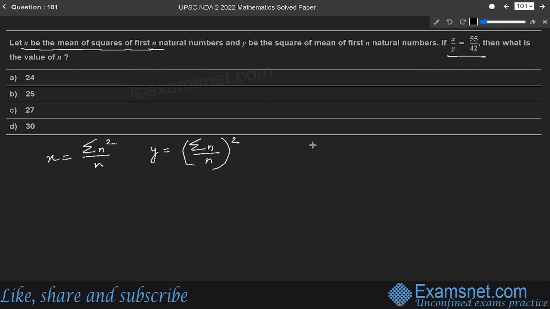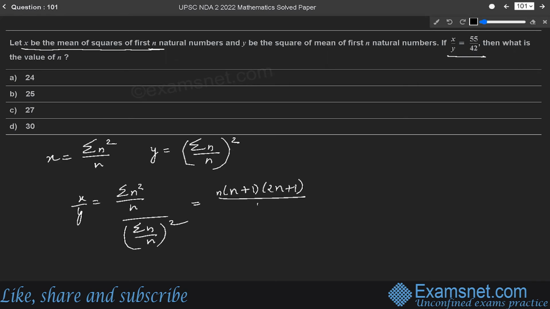X by y means summation of n square upon n by summation of n upon n whole square. On further solving, it will be n into n plus 1 into 2n plus 1 upon n into 6, by the formula, and summation of n upon n whole square will be n plus 1 whole square upon 4.